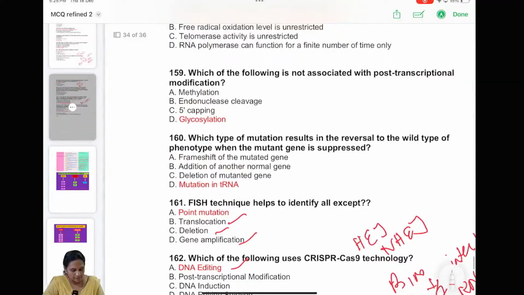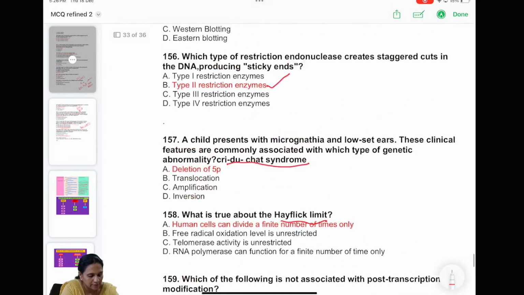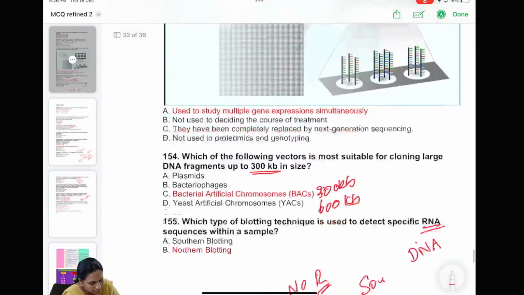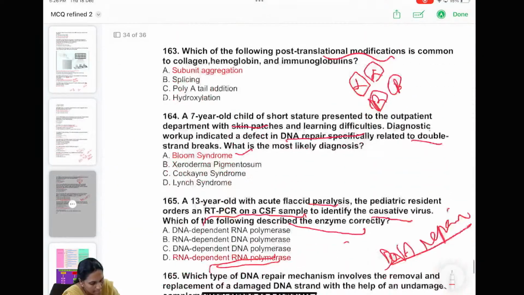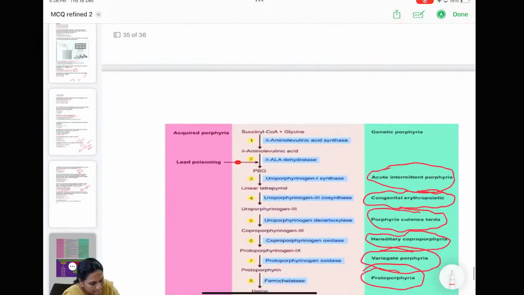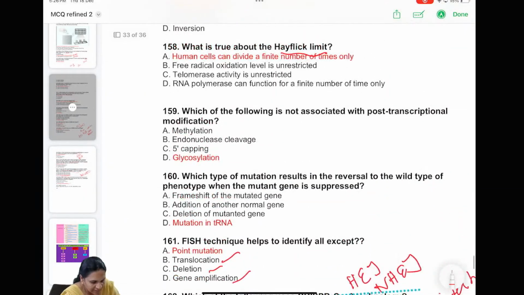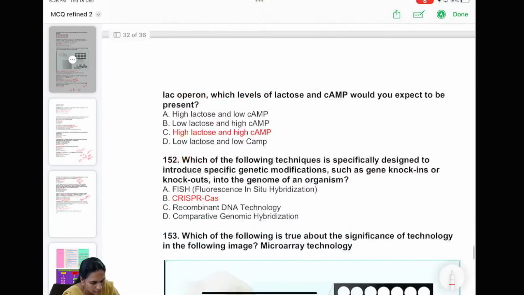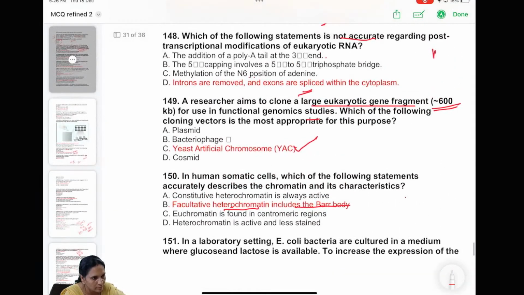Then I will say, CAG repeats. Where will CAG repeats occur? Any idea?